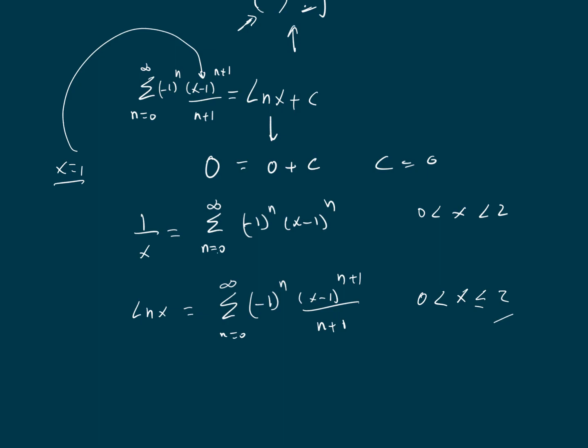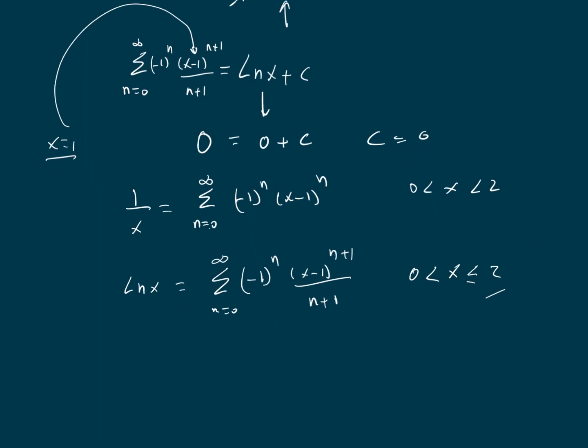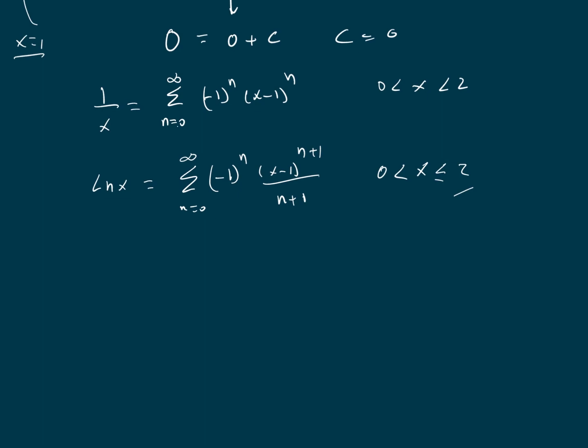So let's do it. When x equals 2, what will this series be? It will be the summation from n equals 0 to infinity of minus 1 to the n, and when x equals 2, 2 minus 1 is 1, so 1 to the n plus 1 will be 1, divided by n plus 1.